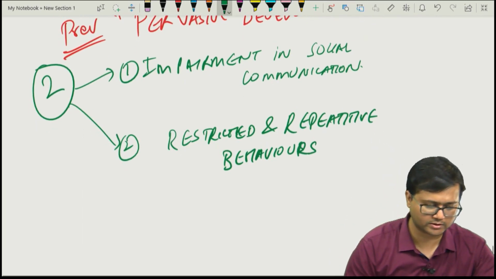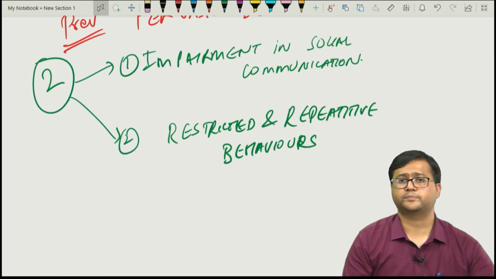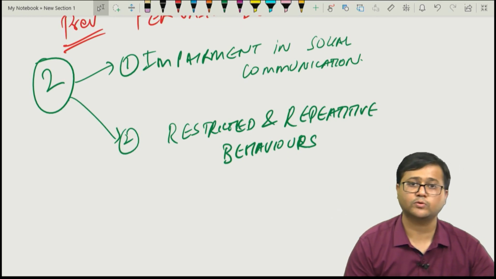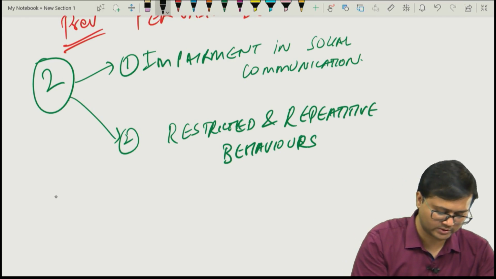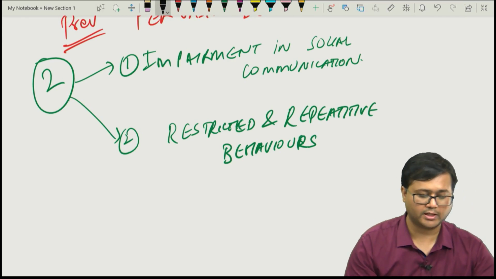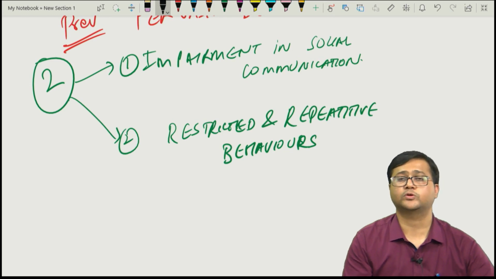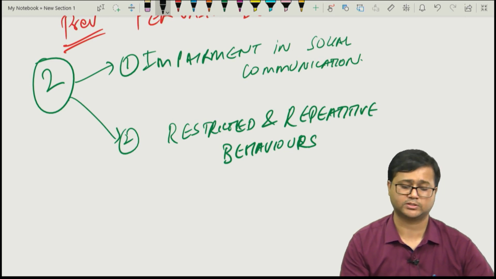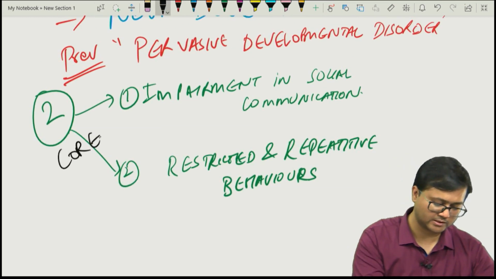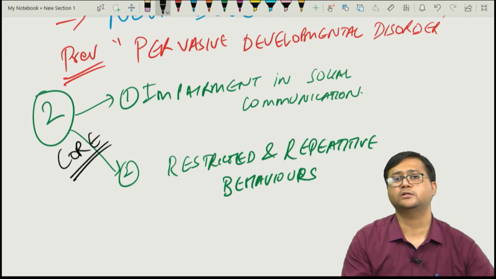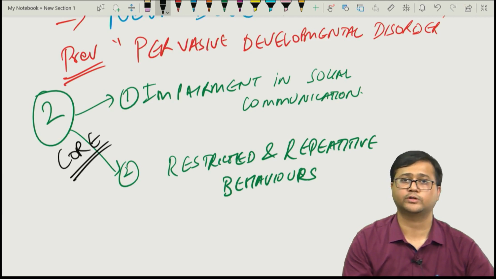Earlier, there was a third core feature, which is now removed from the criteria. That was aberrant language impairment, or impairment in the language. Now that is not considered a core feature. These two are considered the core features of the autism spectrum disorder.